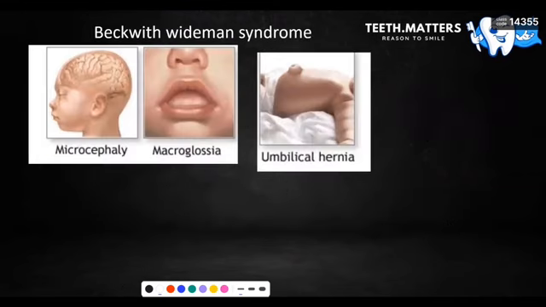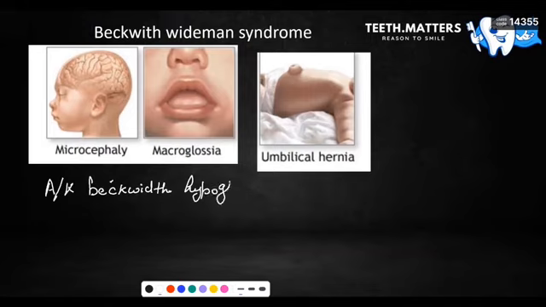Next syndrome is Beckwith-Wiedemann syndrome. It is also known as Beckwith hypoglycemia. Features are shown in the figure.